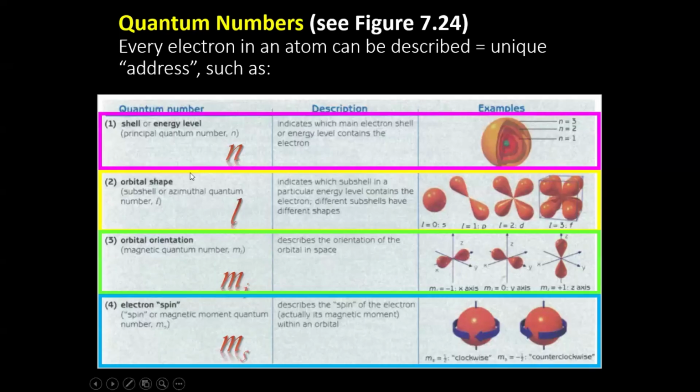I've got them color coded. The first one is the principal quantum number, and it's pink. Then we've got the subshell or azimuthal quantum number, and I've got it yellow. The magnetic quantum number, and I've got it green. And then the spin or the magnetic momentum quantum number, and I have it blue.